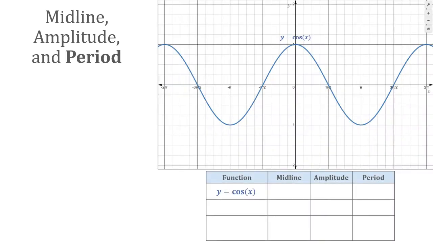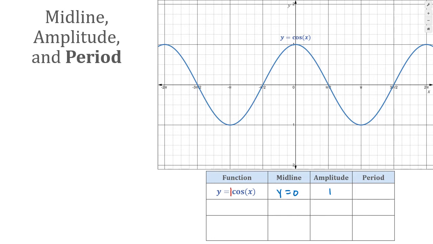All right, now let's take a look at the period of a function and how that is affected by these numbers that are changing, in this case, the cosine function. So we start out with y equals the cosine of x, and we know that that has a midline of y equals 0. We know that it has an amplitude of 1. And in case it wasn't clear, even though we don't see a 1 on the outside of that cosine of x, there is a 1 out there.